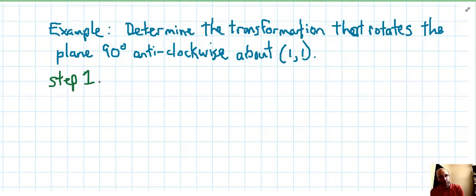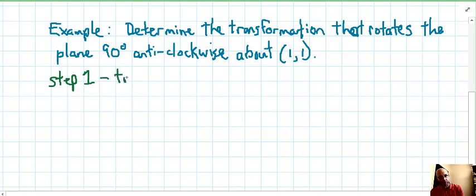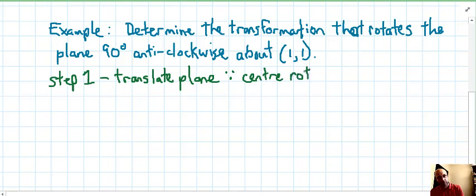Step 1 is that we have to translate the plane, so translate, slide, reposition the plane so that the center of rotation is the origin. This is what we do first.